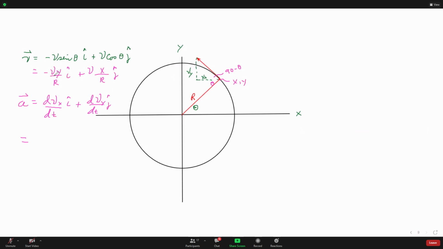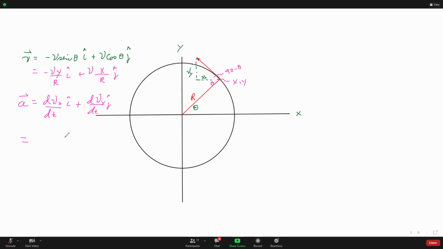So we've got v is a constant and r is a constant. So the only thing that's not a constant is the y coordinate. And what is dy dt? Dy dt is the y component of velocity.